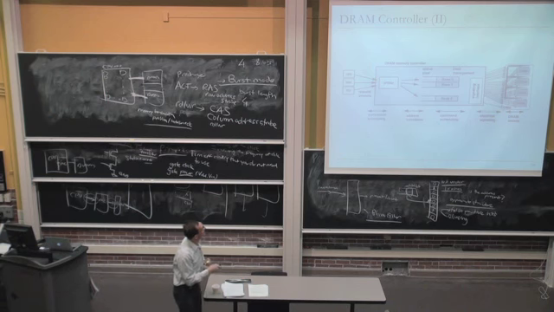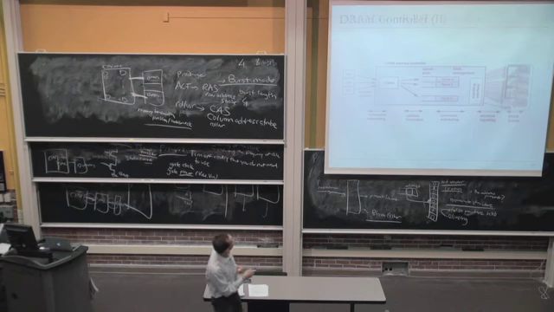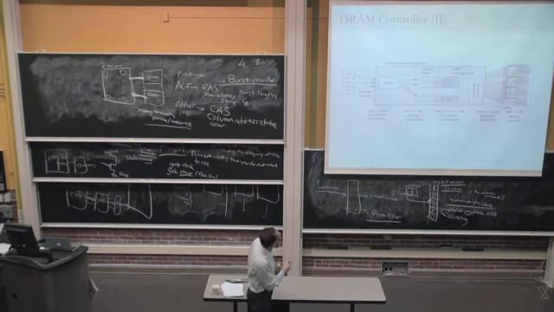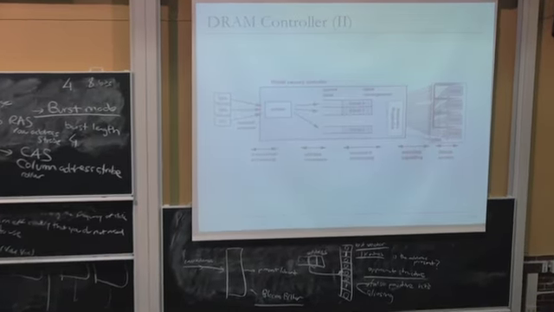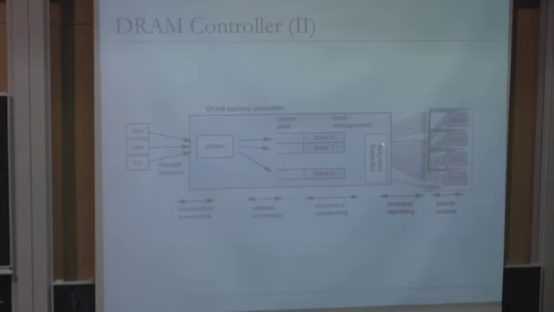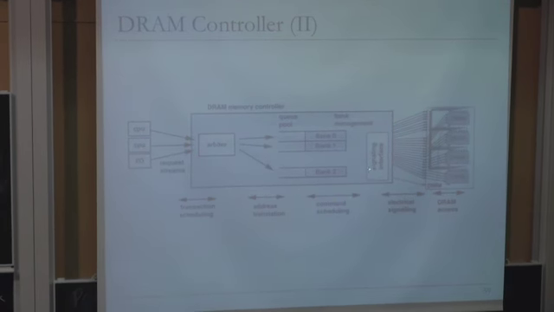Okay, so what does a DRAM controller look like? Let's look at this. It has many functions. It's connected to the DRAM here, and there's some signaling interface, the I/O pads, for example.